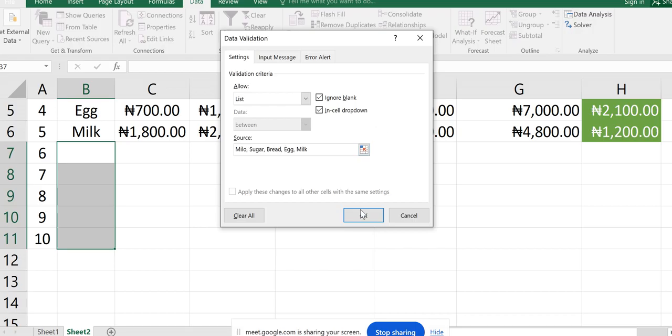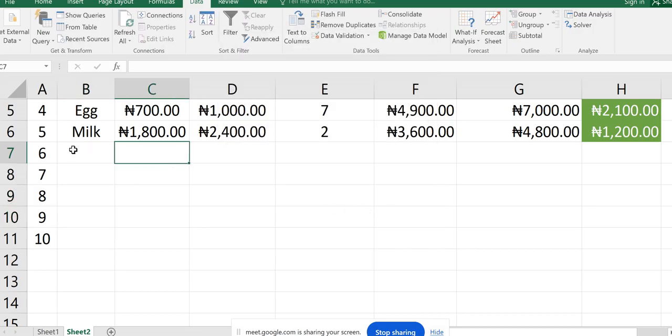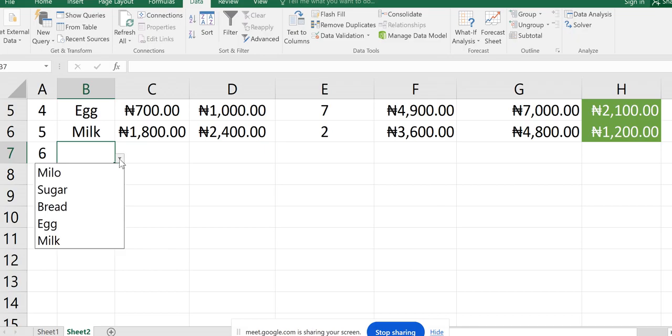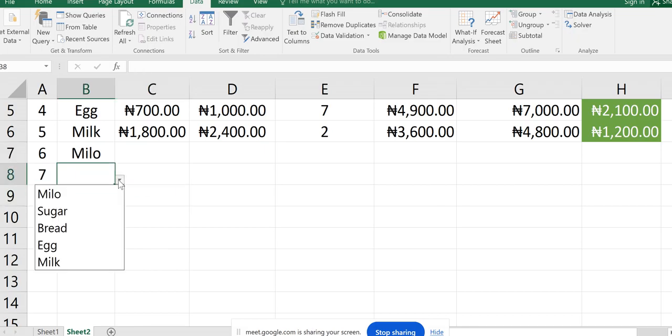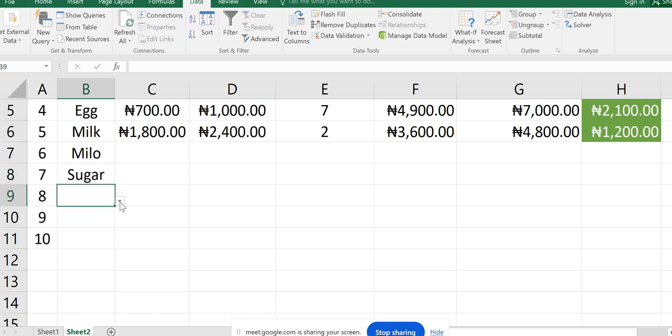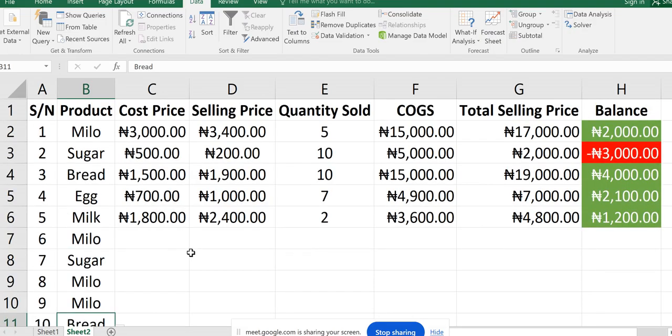Use your comma, don't forget. You press OK. So you will see everything will be there under this 6 to 10. I'll click on the drop-down here. If I'm using Milo here, I come here again, I click on it. If this one is sugar, if this one is Milo, if this one is bread. Do you understand? So with that it is easy.